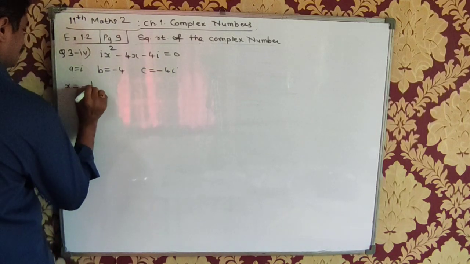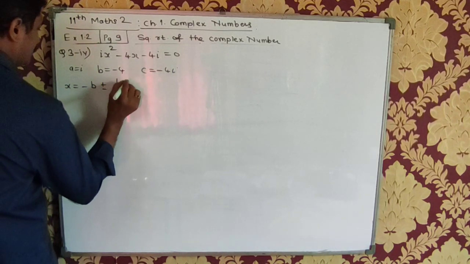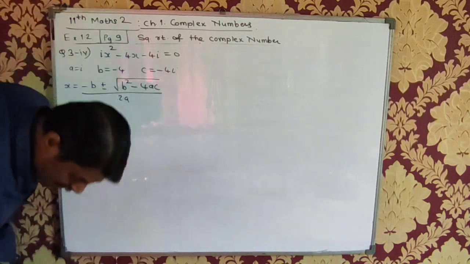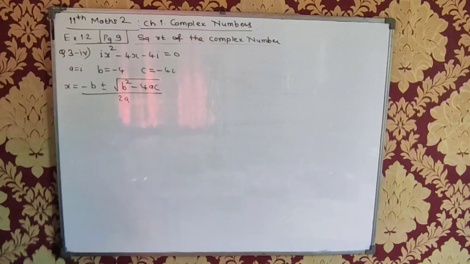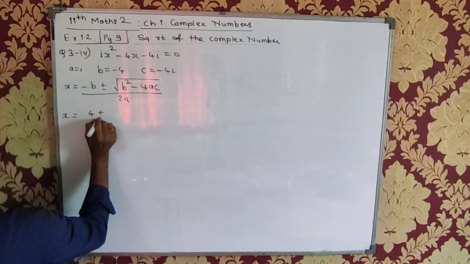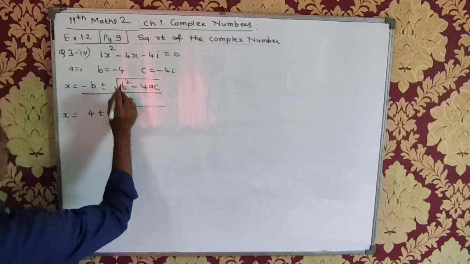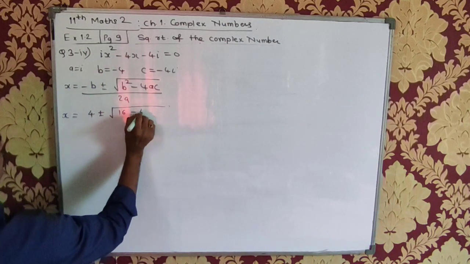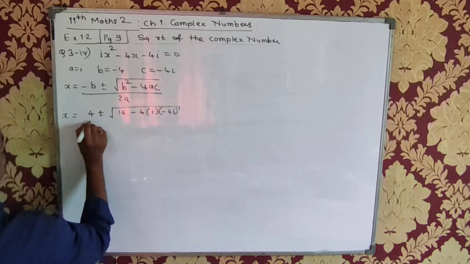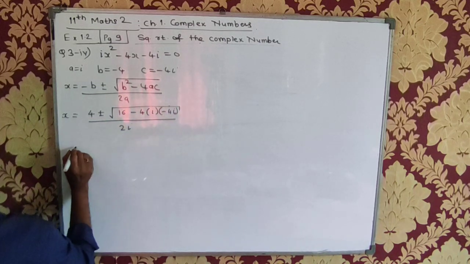And x is equal to minus b plus or minus square root of b square minus 4ac upon 2a. So x is equal to minus of minus 4 is plus 4, plus or minus square root of 16 minus 4i into minus 4i, upon 2i.